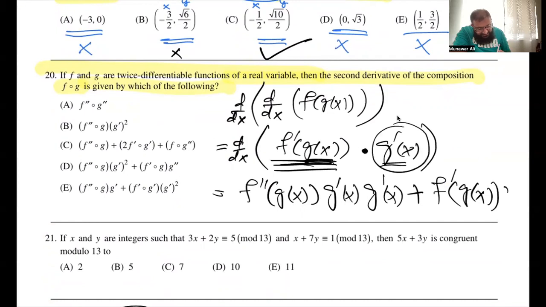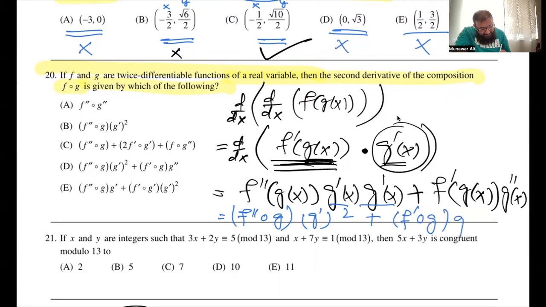The derivative of g prime becomes g double prime of x. We are done. So this is f double prime of g multiplied by g prime squared, because these are two g primes, plus f prime of g multiplied by g double prime.